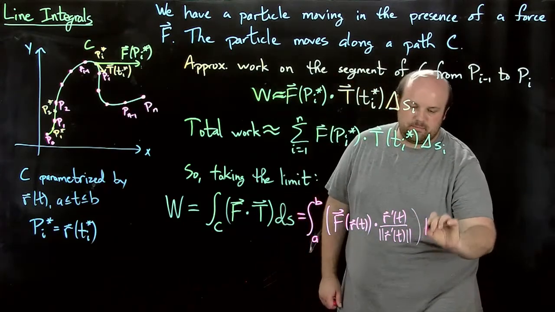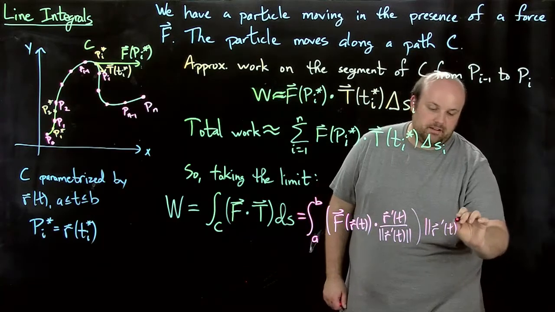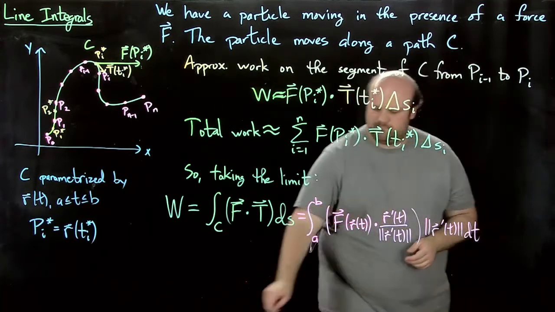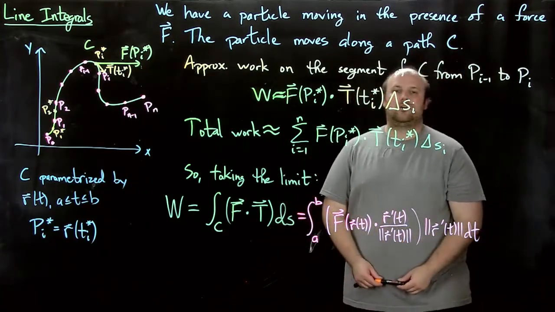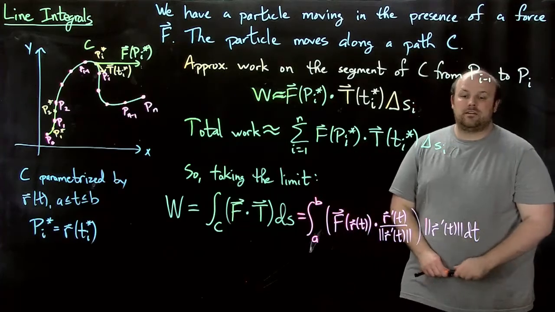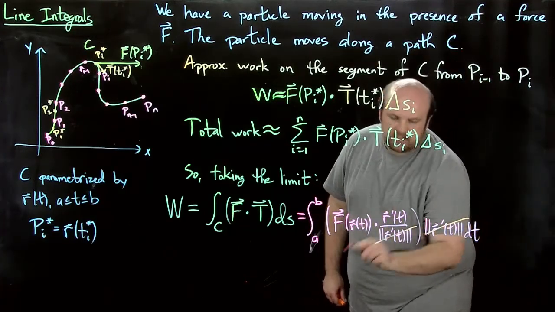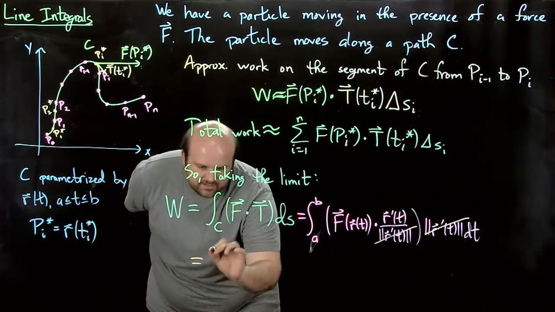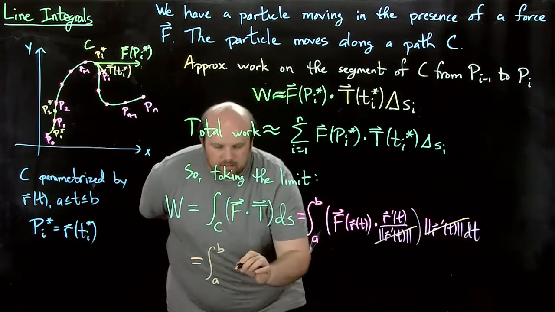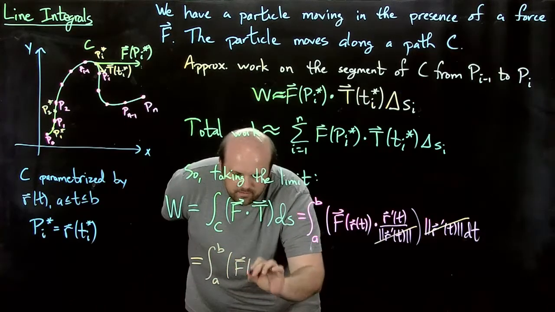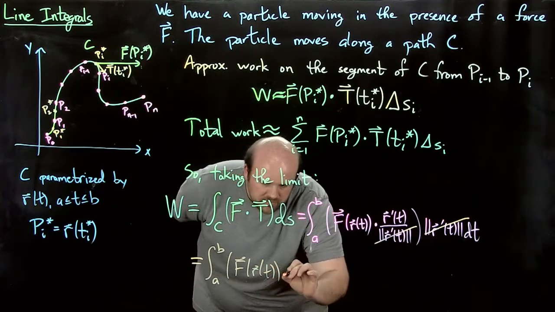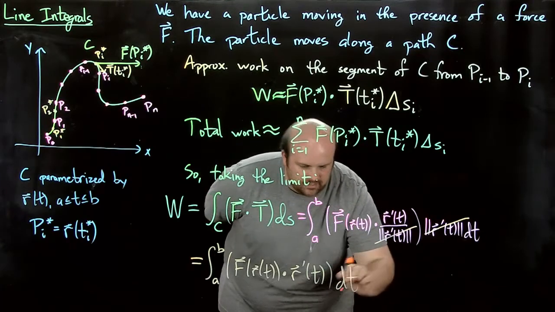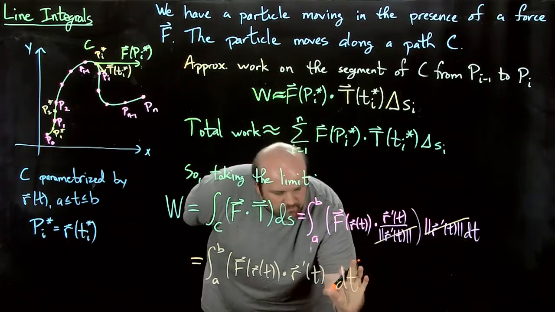And then ds, remember, is just the magnitude of r prime of t dt. So what do you notice? Hopefully you notice something. You should see that this and this cancel. So all we're effectively left with is the integral from a to b of F of r of t dot product with r prime of t dt. Actually, let's go ahead and just leave those off.